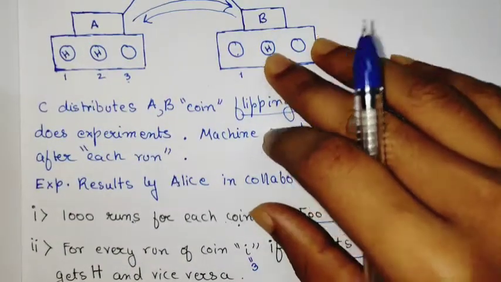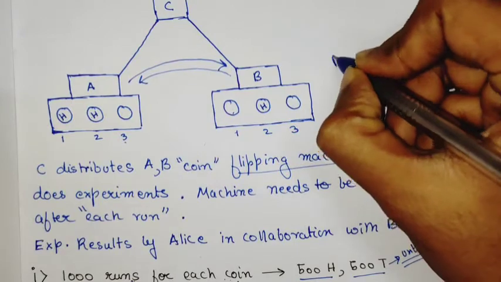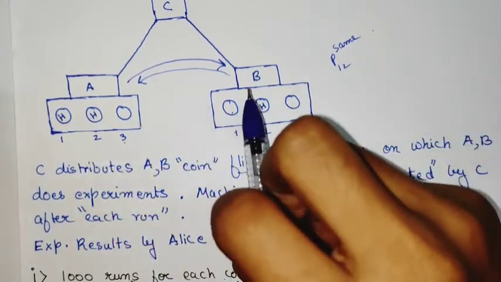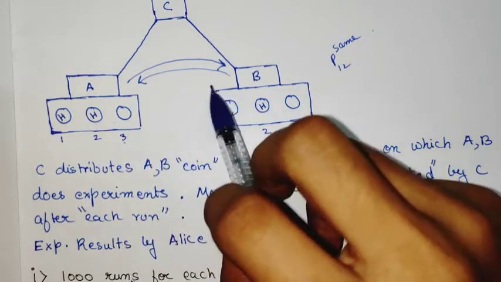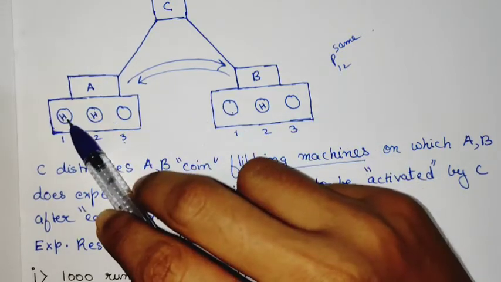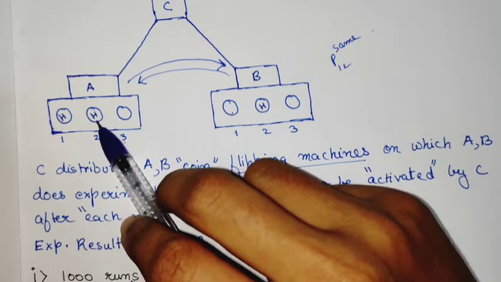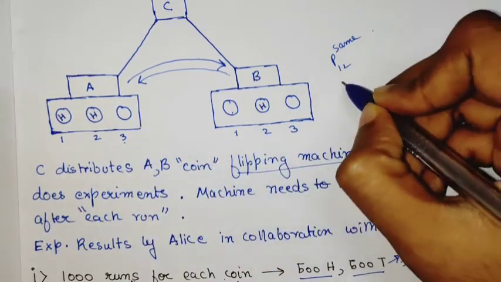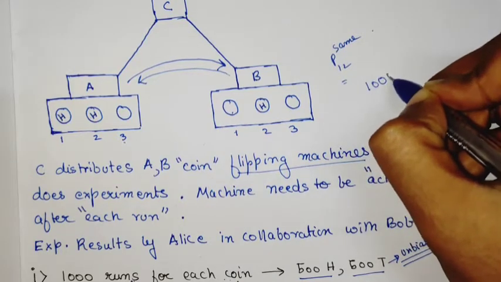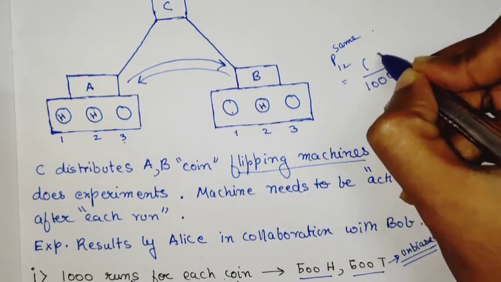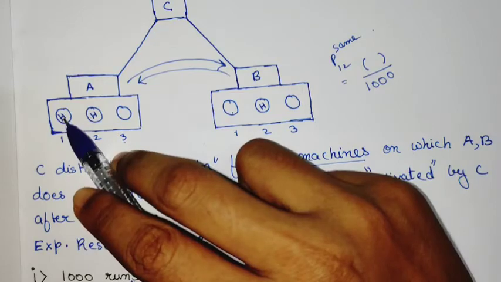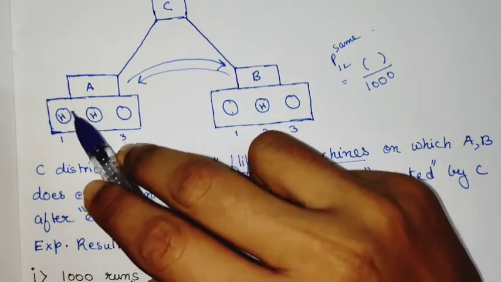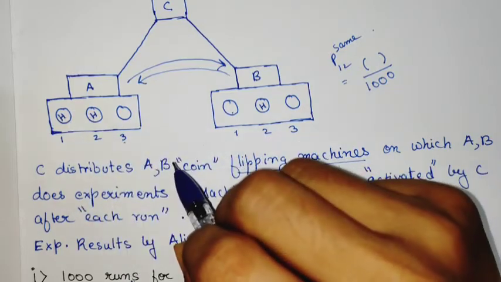So if they have to find P12 same, this is one of the runs they must perform, and they have found that this run gave the same, some other run will give different, but over 1,000 runs, they have to just calculate how many runs there are where using this relay they got the same outcome, that is head head or tail tail.